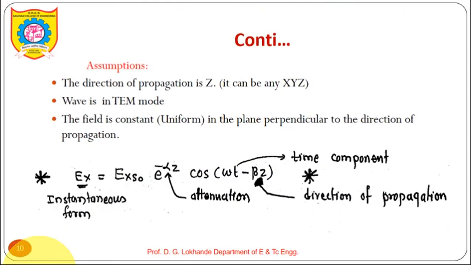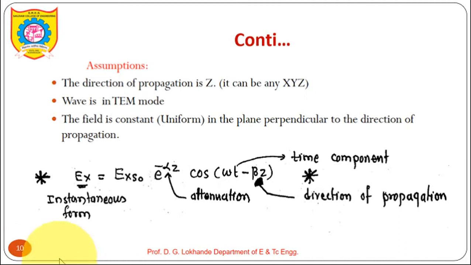Now the assumption here is that the signal is propagated in the XYZ three-dimensional space, where Z is the direction of propagation. The wave is in TEM mode, and the field is constant and uniform in the plane perpendicular to the direction of propagation.